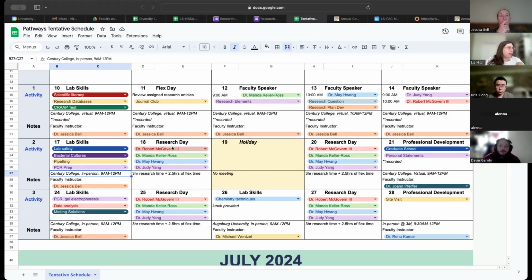That's perfectly fine. So then you're not expected to go to the research lab on Tuesday because you've already put in those hours on Monday. So you're free to use these days where there aren't scheduled times at your discretion.